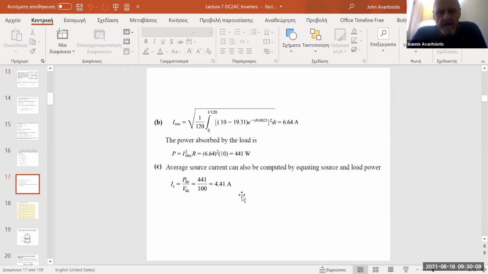And by dividing the power delivered to the load by the voltage across the source, we find the average source current, which comes out to be 4.4 amps.